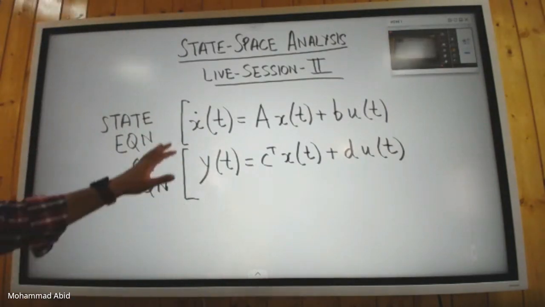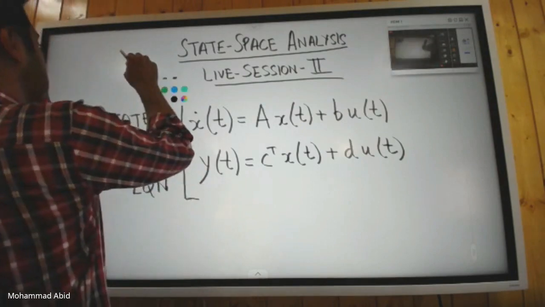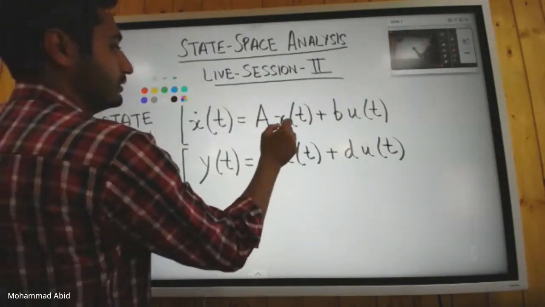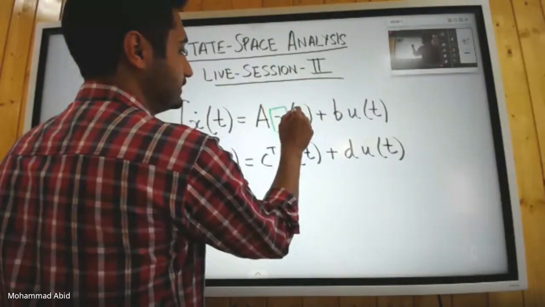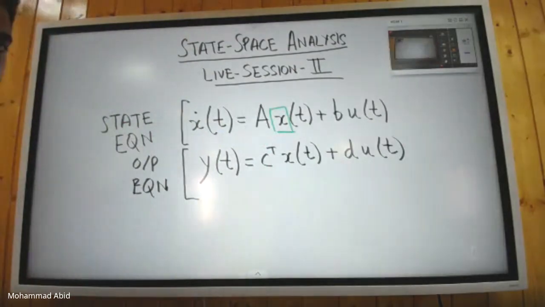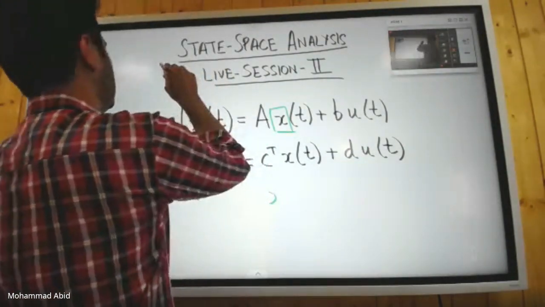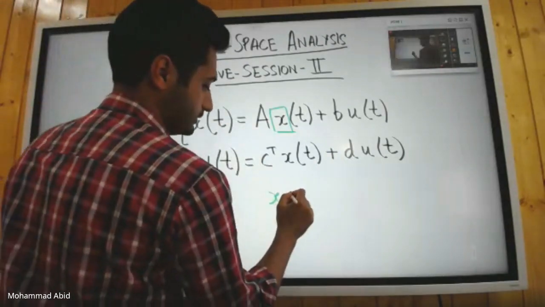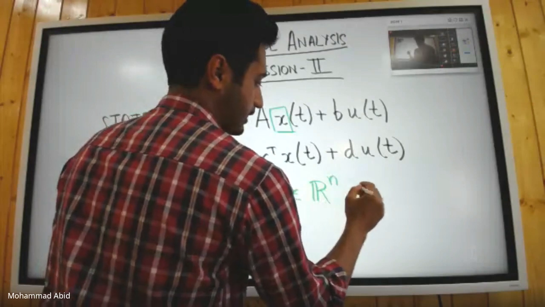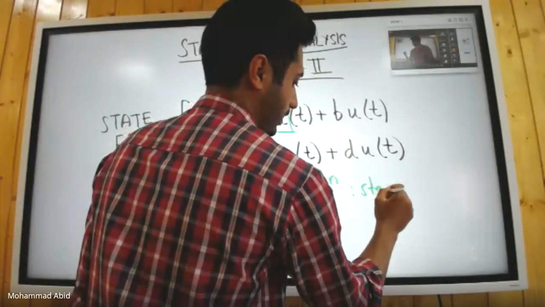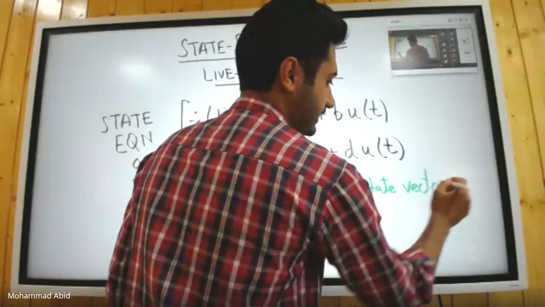The first equation tells you that this x that I marked over here is basically what you call the state vector. Okay, now let me just mark it here. X. This is the state. This is basically a vector.